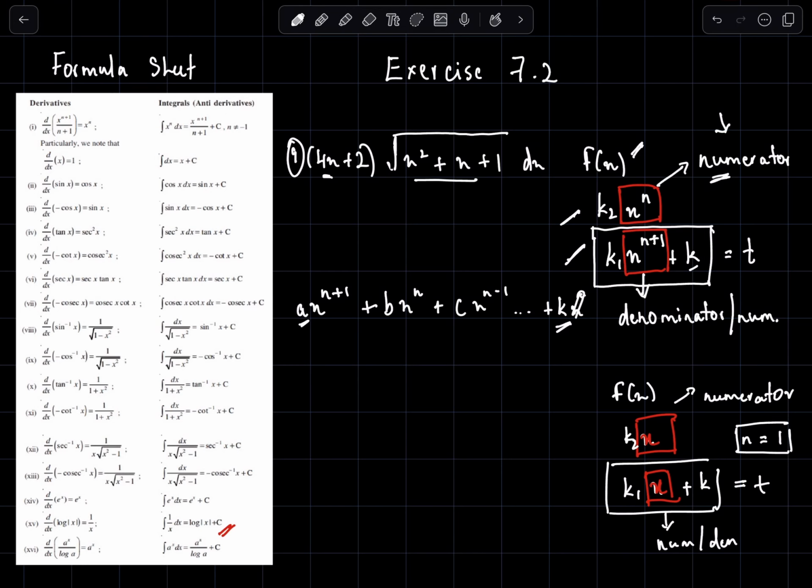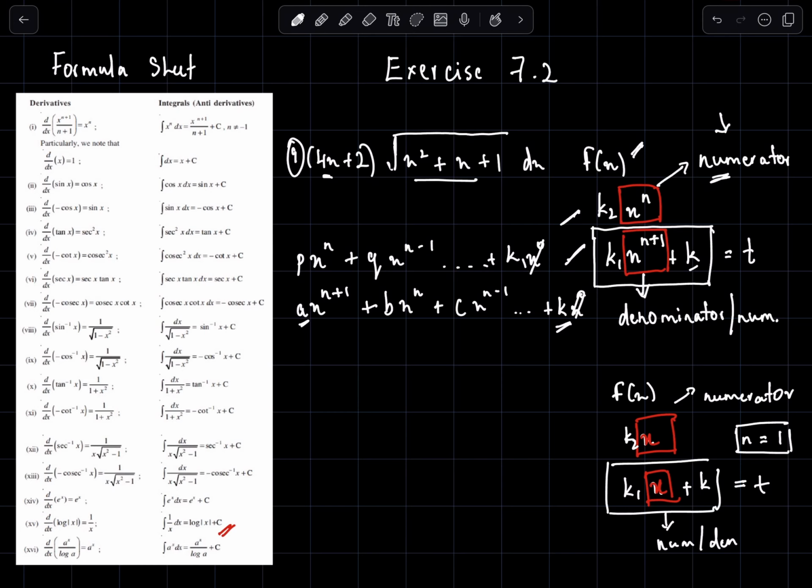And then you have also something that is lower than this, so this will be n minus 1, something like p times x raised to the power n plus q times x raised to the power of n minus 1, and so on till some constant k1, this way, right?